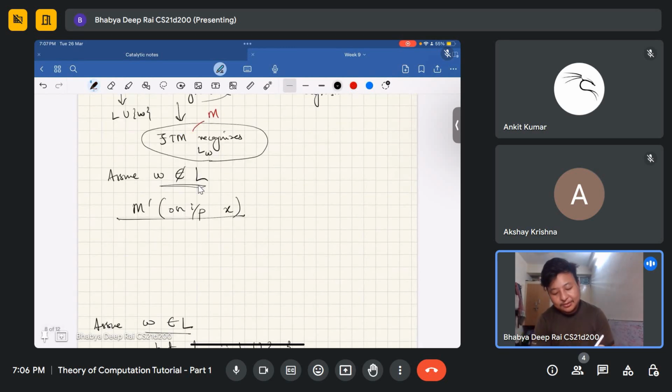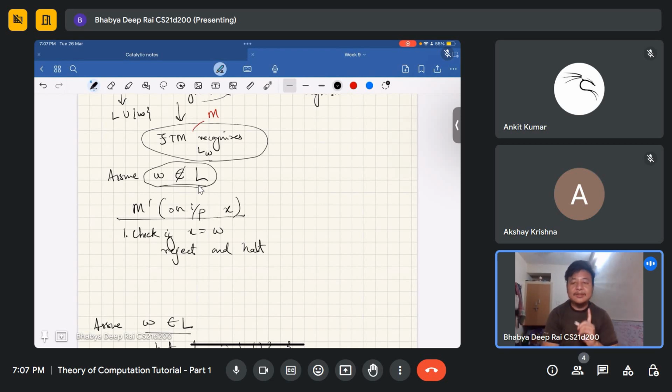So what we'll do is we'll simply check if the input X is equal to W or not. If it is equal to W, we know that W should not belong to L. So we'll say reject and halt.